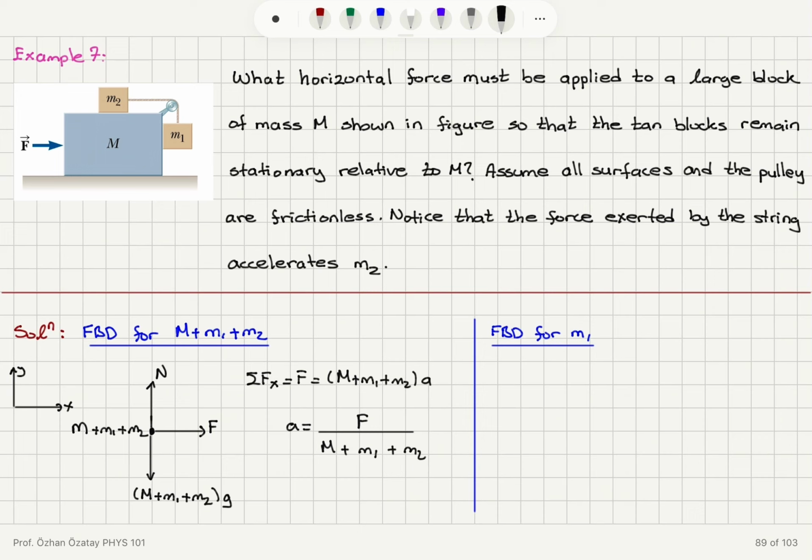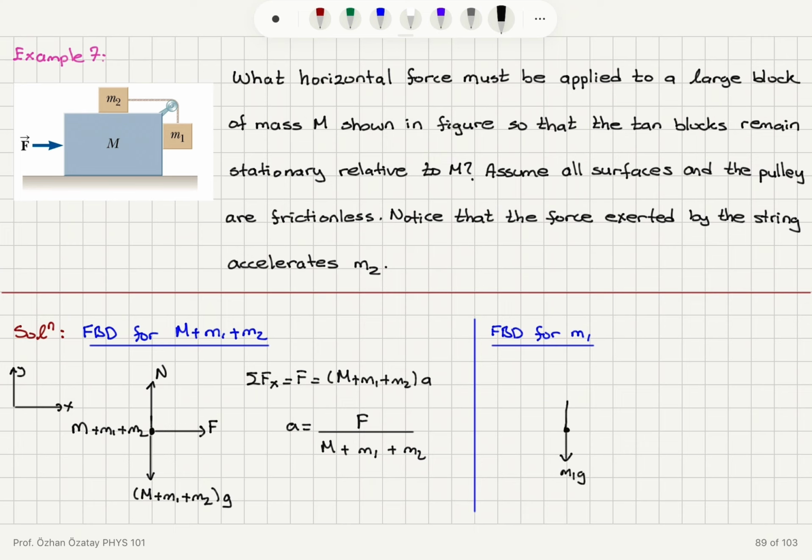Now I'm going to look at the free body diagram for M1. Now M1, we have to be careful. You can see it's touching capital M. So the forces acting on M1 modeled as a particle: of course, it has a weight M1G.